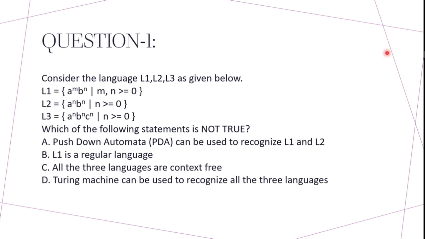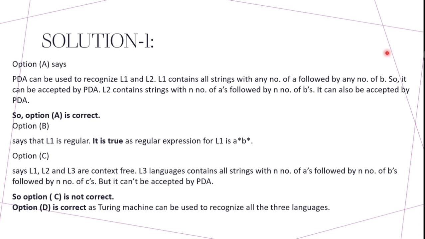Now, there are some statements given. We need to tell which is not true. We can see that option A says PDA can be used to recognize L1 and L2.